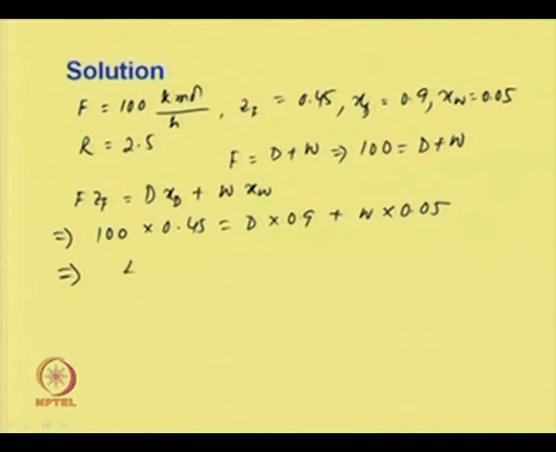So, from this we can write 45 would be equal to 0.9 D plus 0.05 W.